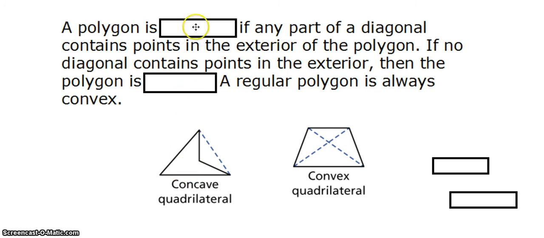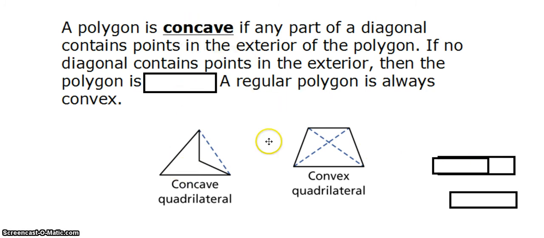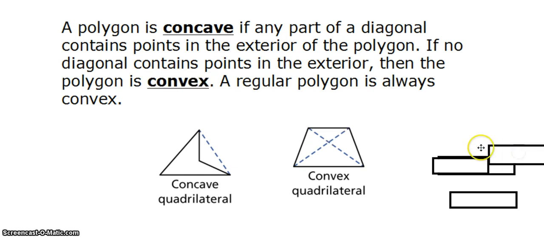So we would call this a concave polygon. A convex polygon, when we draw the diagonals, no diagonal contains points in the exterior. Okay, it's only touching points in the interior, so it is called a convex polygon.